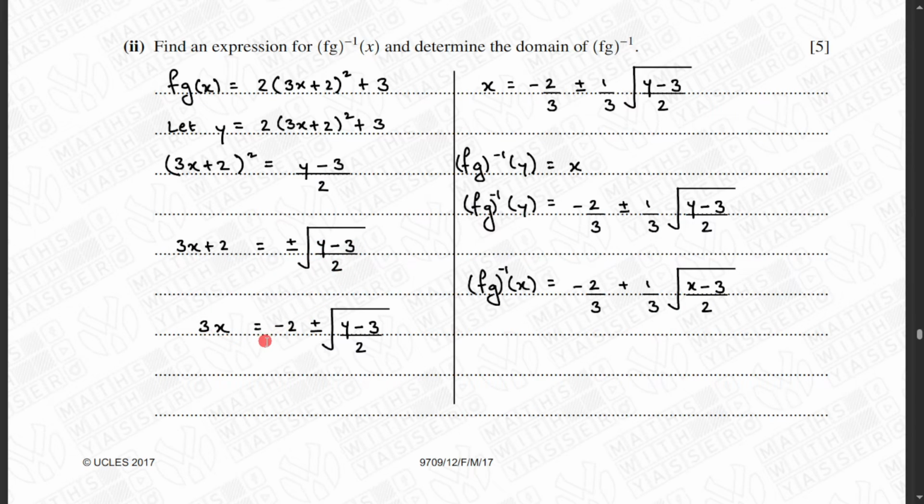That means 3x is equal to negative 2 plus minus square root of y minus 3 by 2. So x will be minus 2 over 3 plus minus 1/3 of square root of y minus 3 by 2. Fg inverse of y must be x, so fg inverse of y should be equal to this equation. Therefore, fg inverse of x should be minus 2 over 3 plus 1/3 square root of x minus 3 by 2.